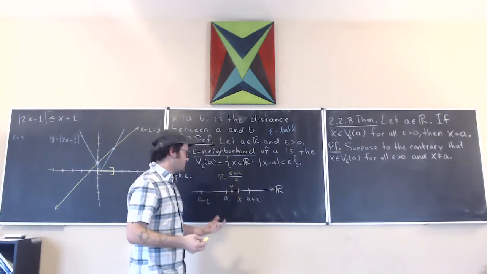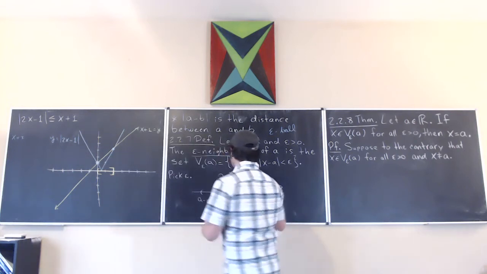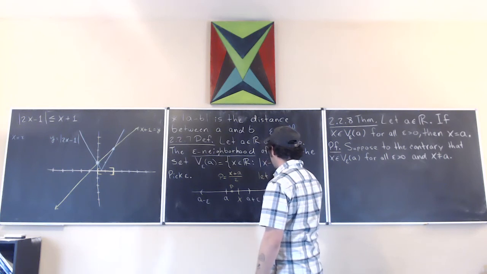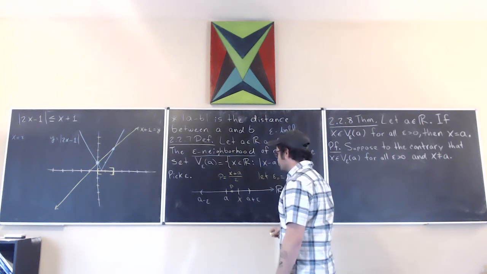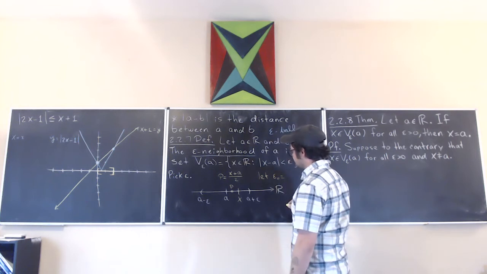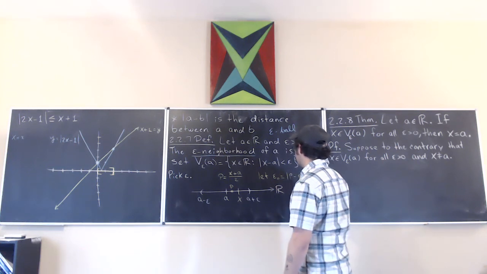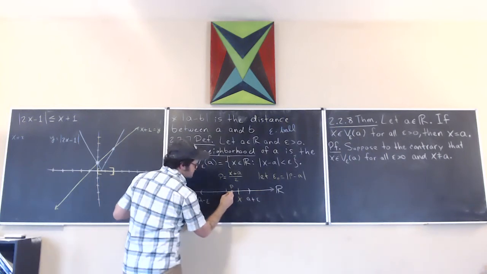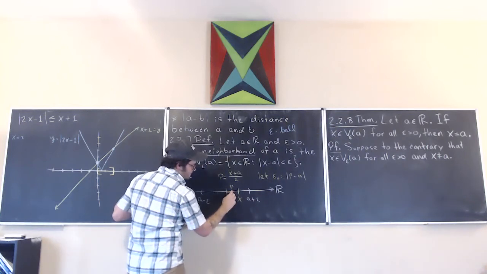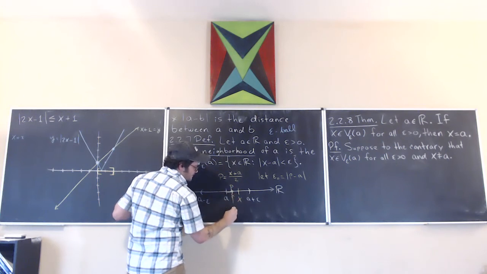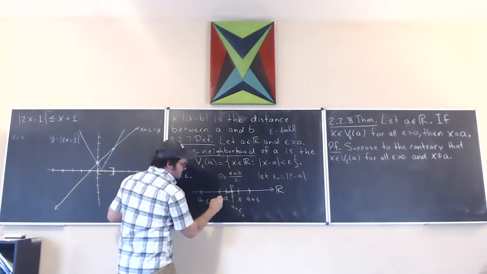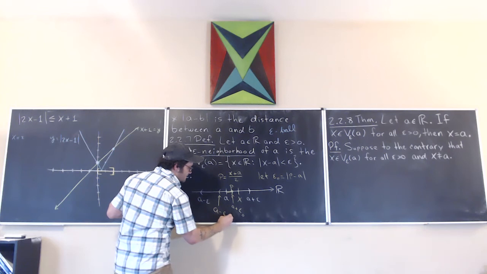A, so there's some distance between them. So then what we could do is say, let epsilon naught equal the absolute value of P minus A, which is equivalent to this distance here. So then that right there is going to be A plus epsilon naught, and then over here, that'll be A minus epsilon naught.